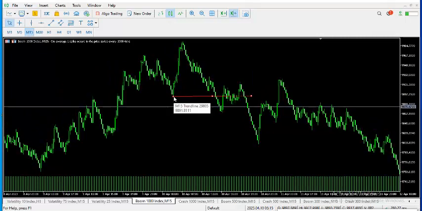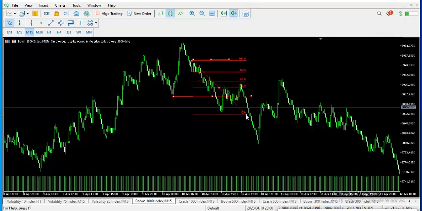So from here, where price broke the structure and goes back, then we can take our Fibonacci level, check for the previous high, which is this. This is our previous high. So we are going to take our Fibonacci and use it to measure it here.